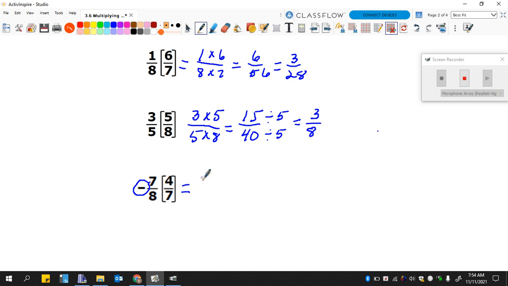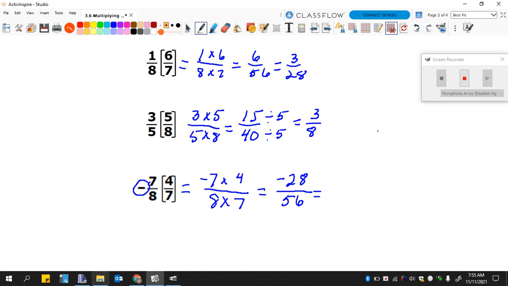So I have -7 times 4, and 8 times 7. -7 times 4, a negative times a positive, is a negative, so that's -28. And 8 times 7 is 56. So we have -28 over 56.